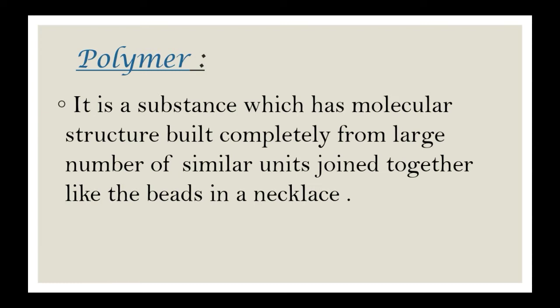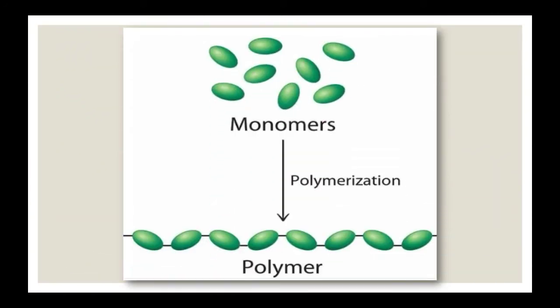The word polymer comes from two Greek words, poly meaning many and mer meaning part or unit. So a polymer is made of many repeating units. Let us see this polymerization. That is nothing but monomers together polymerize for making a polymer, that is repeating units.